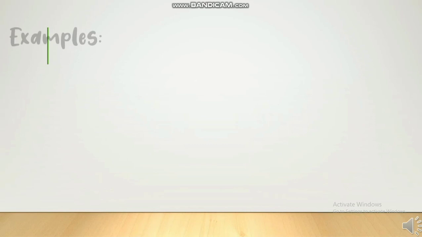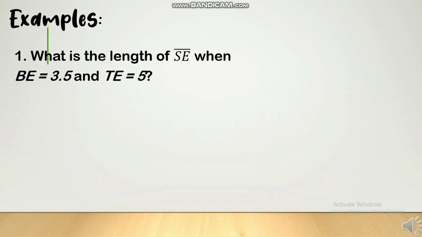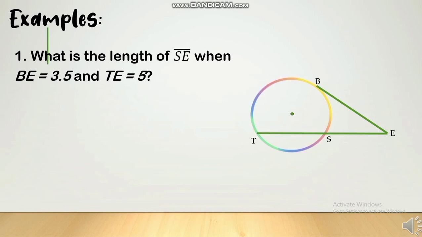Examples applying the theorems. For number 1, what is the length of segment SE when BE equals 3.5 and PE equals 5? If you look at the figure, we have one tangent segment and one secant segment, so we will use theorem number 2. BE squared, which is the tangent, is equal to PE times SE.